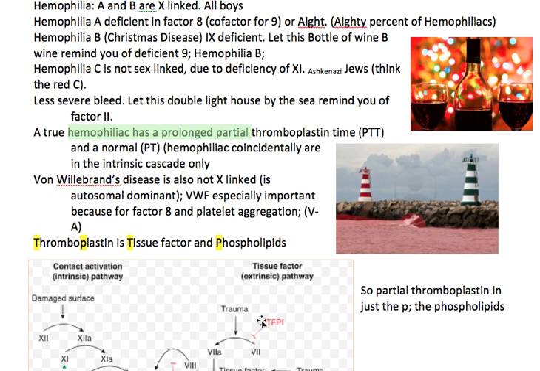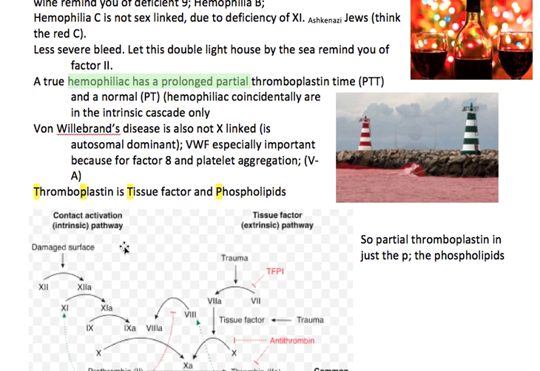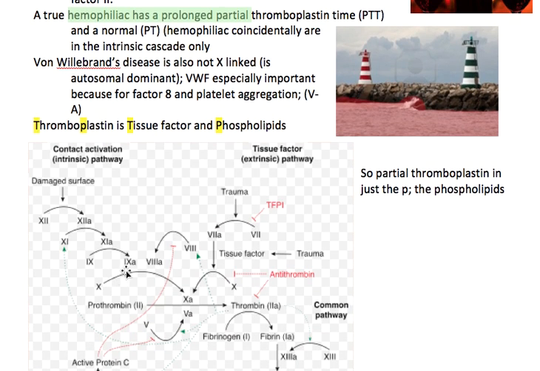And so what these two tests can do is isolate each aspect of this coagulation cascade, with the PTT test being a test of the intrinsic pathway and the PT test being a test of the extrinsic pathway. If you remember before, hemophilia A was a deficiency of 8, hemophilia B was a deficiency of 9, and hemophilia C was a deficiency of 11.